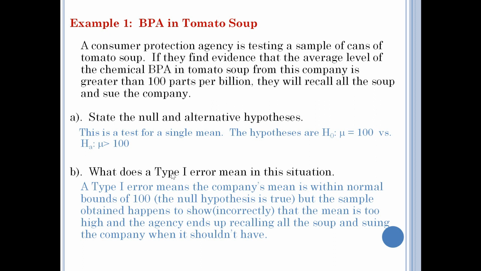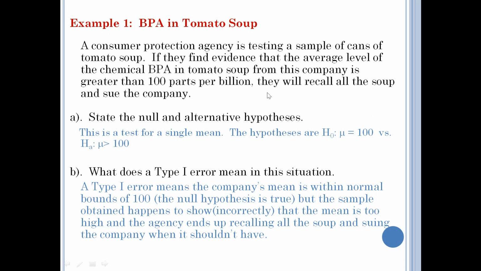Basically, what we're saying is that the population of the tomato soup contains this chemical substance within the bounds of 100, so it is a healthy population. However, the sample that we are obtaining is showing a false positive, or wrong values, that the chemical substance is higher than 100. So obviously the consequences in this case, they will recall all the soup and sue the company.